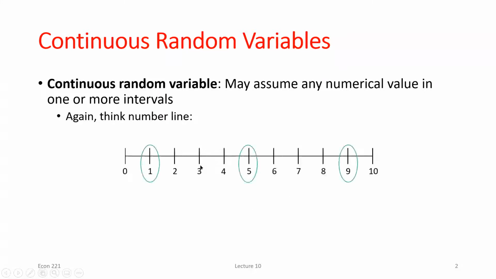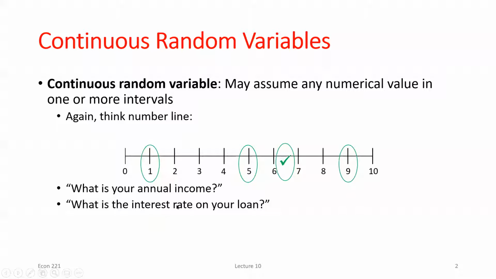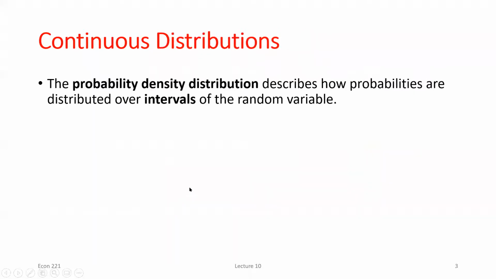All right, this is a reminder, we can see a continuous random variable take on any value, right? You could go out to whatever decimal point, so 6.35179. So really we've got a lot of different possible outcomes we can see this variable take on. Some of the variables we think about are income or interest rates. Right? Just like with discrete random variables, we're going to have a probability mass function, or a probability density distribution.